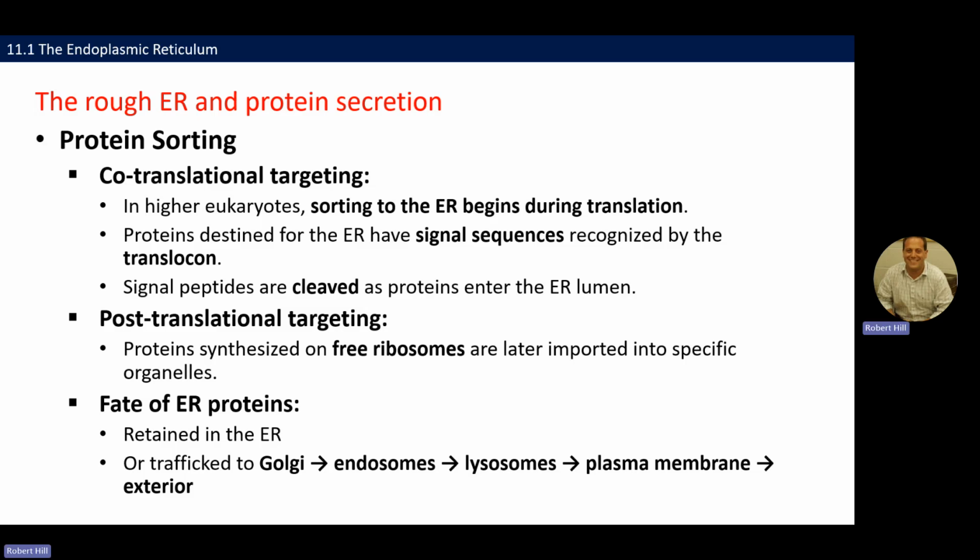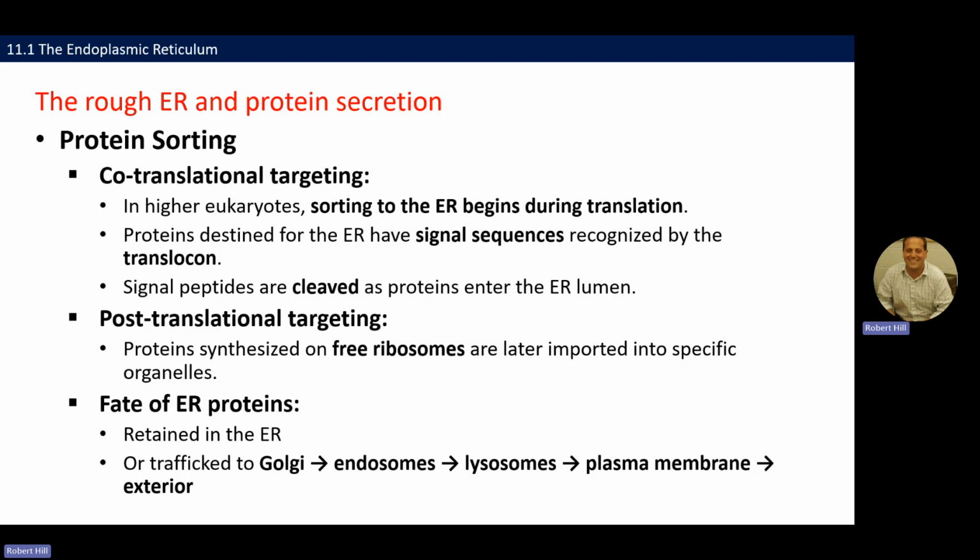All right. So what do you think the word co-translational means? As it's translating, perfect. That's exactly what it means. So this means that as the protein is being spit out of the ribosome, it's actually starting to get targeted to the endoplasmic reticulum.